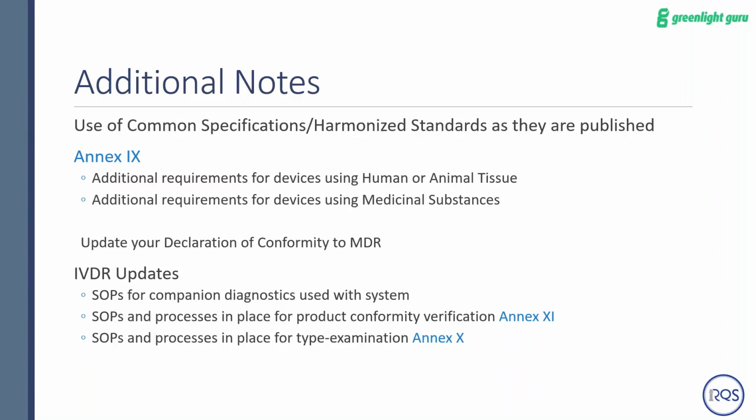There's also a new term called common specification that they are creating, because a lot of these have not been done yet, so it's kind of hard to really define how you're going to work towards these and how you're going to implement these when they're not published yet. But the common specifications are for common types of device that member states and competent authorities want to outline, common specifications that companies will then show their device meets.